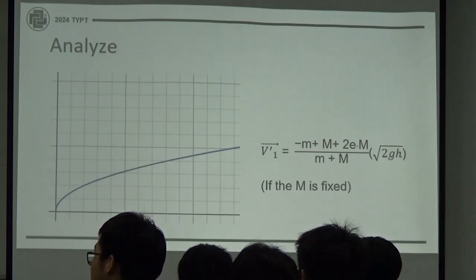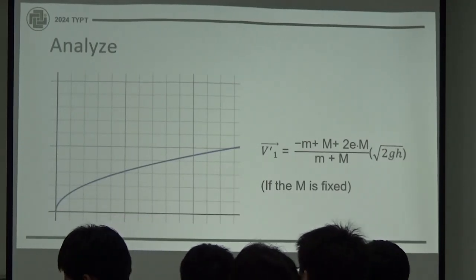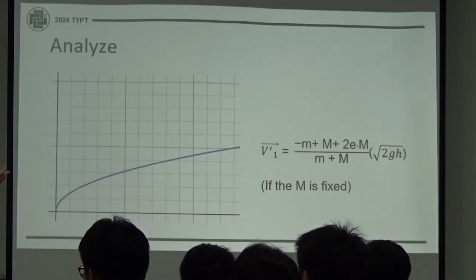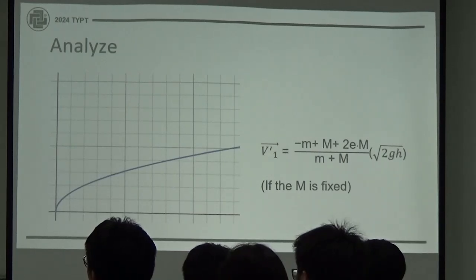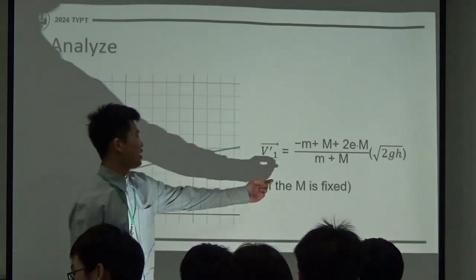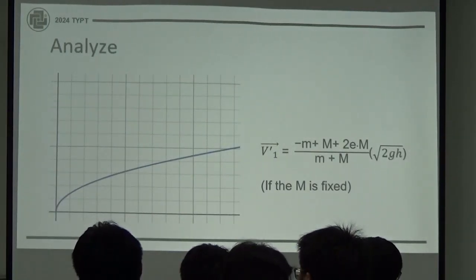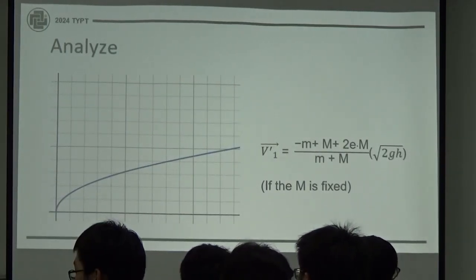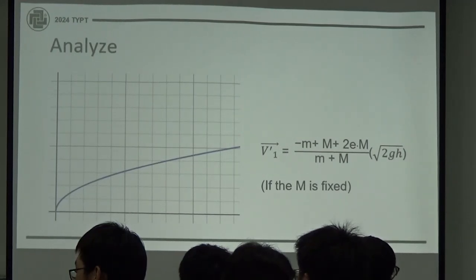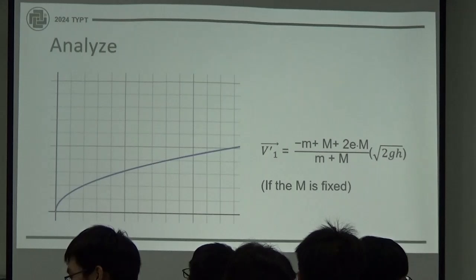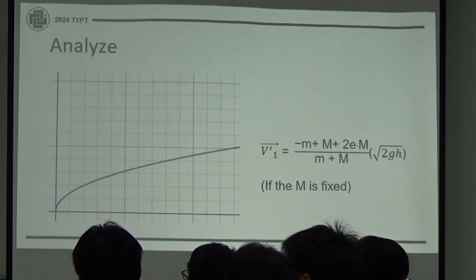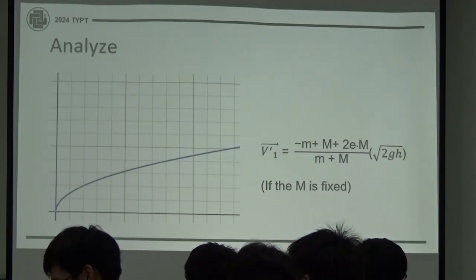So if the effective mass, the capital M, is bigger, the value here will become a steady value, and only depend on the drop height. So we think that the 2 liters of water didn't make the ball bounce faster.